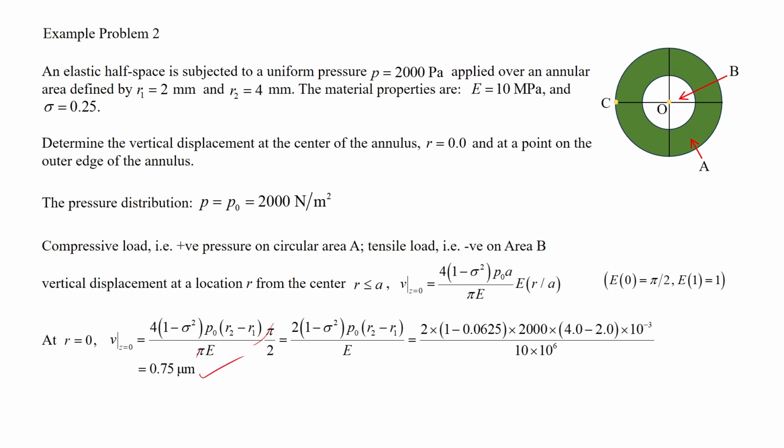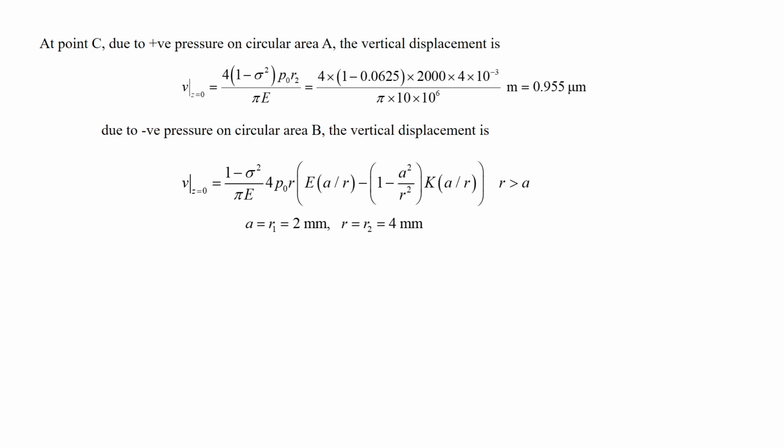On the other hand, when you consider this point C, due to positive pressure on circular area A, the vertical displacement will be like this. So, this is positive pressure, and this you already know. For the negative pressure on circular area B, remember that this particular point lies outside the area of contact.